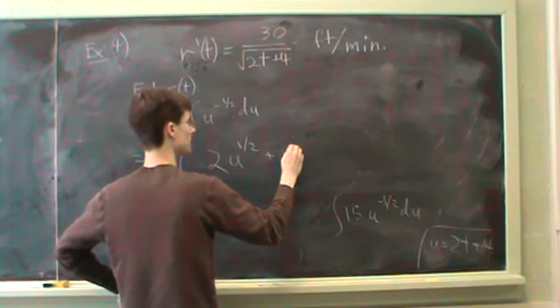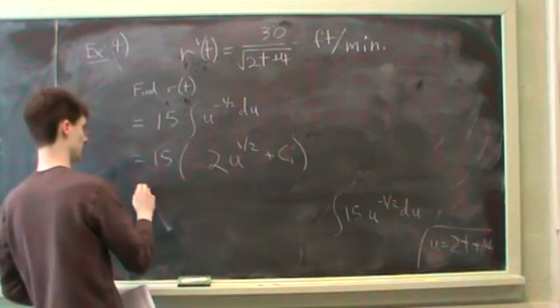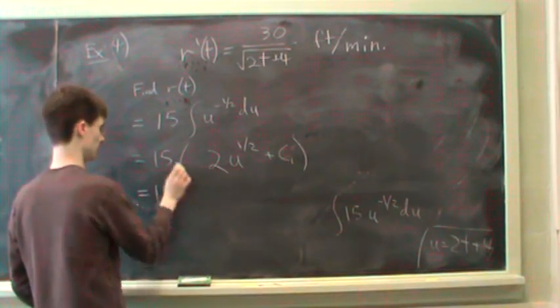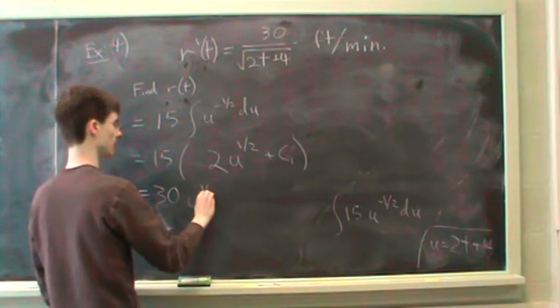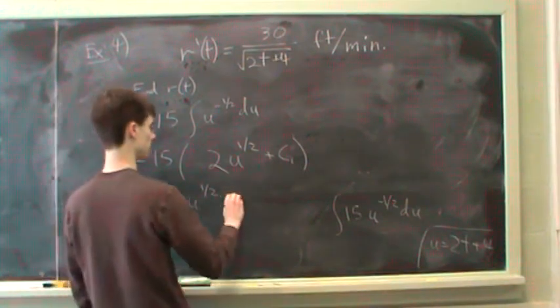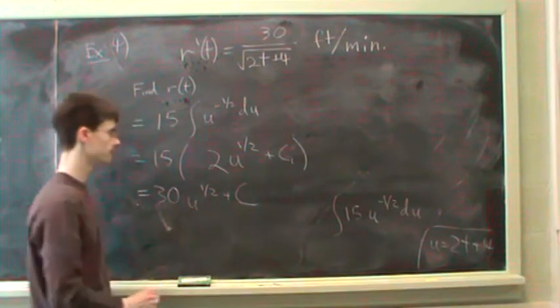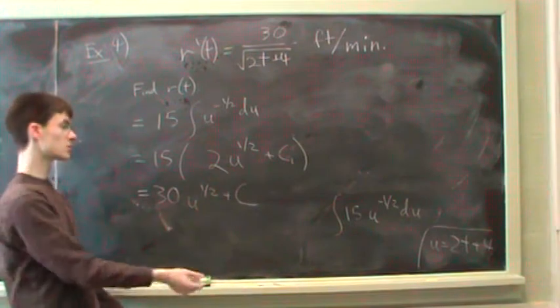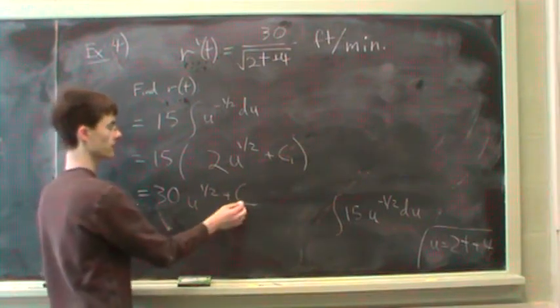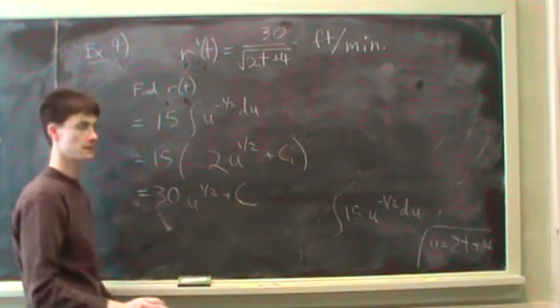And then we get a constant of integration, so we end up getting 30 u to the 1/2 plus the constant of integration. And c here is going to be 15 c1, but it's just some constant, any constant. We don't really care yet.